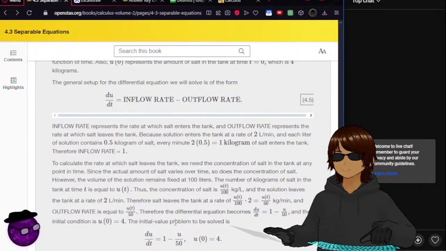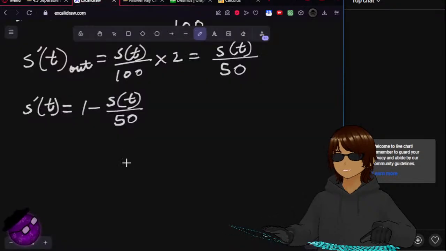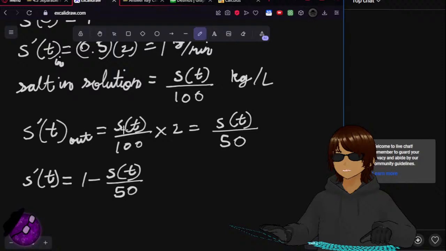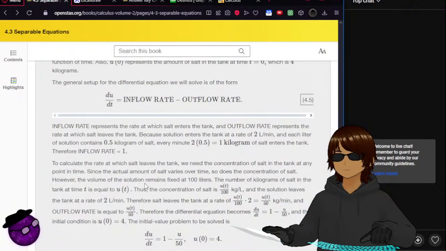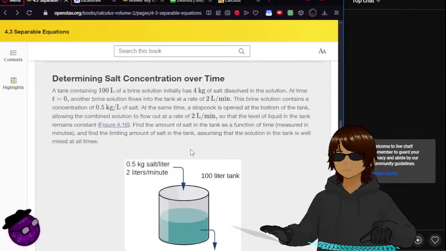Is this correct? 1 minus S(t). S(0) is 4. So what are we trying to find? Find the amount of salt in the tank as a function of time measured in minutes.